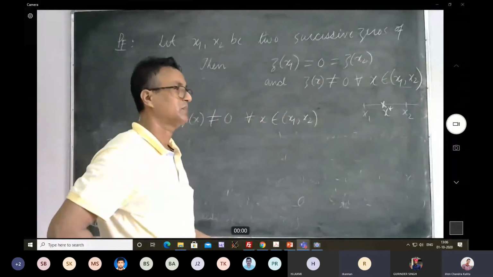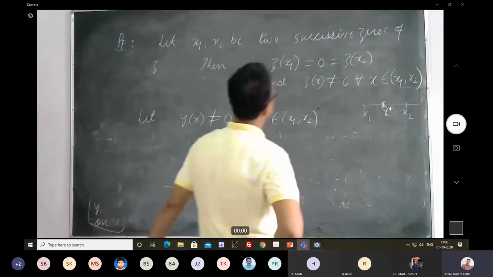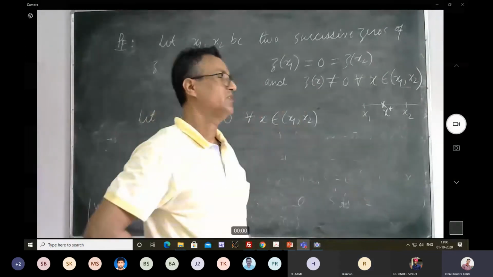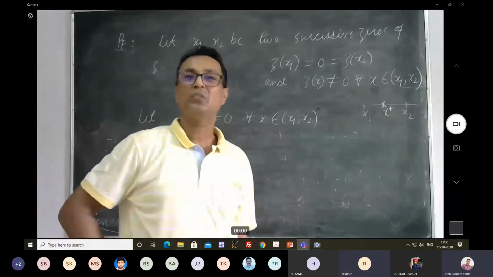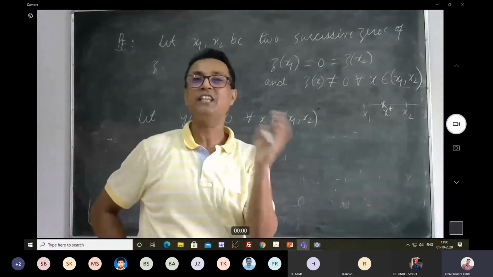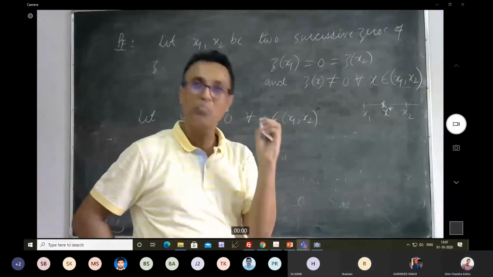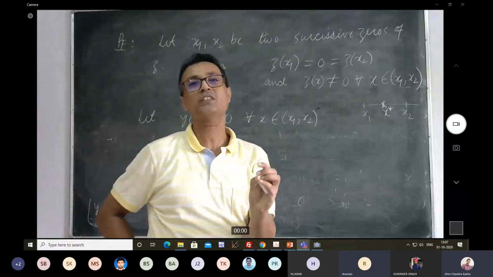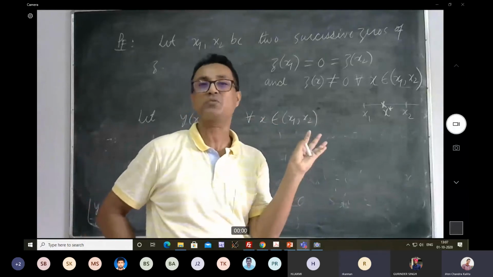Even because I have assumed that z is not 0 in that interval, again, z can be either positive or negative. So I can choose any combination: z positive and y negative, both negative, or z negative and y positive in that open interval (x1, x2).